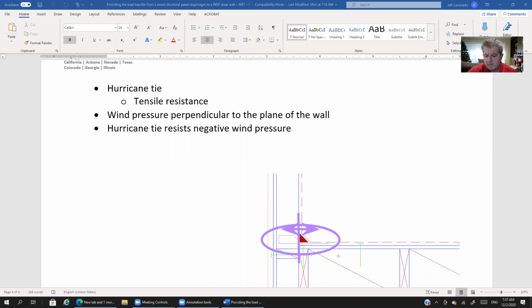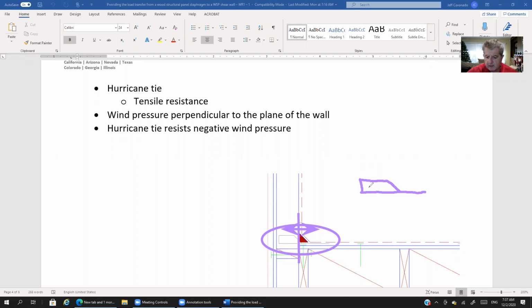And let me see if I can kind of freehand draw it for you. So basically what you're looking at is what's shown down here.